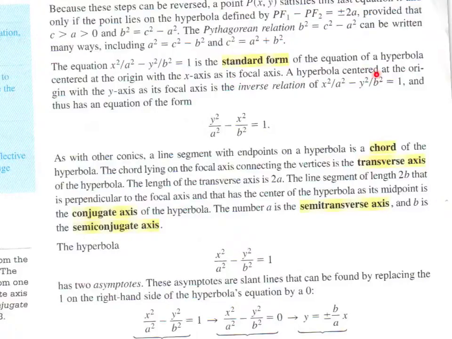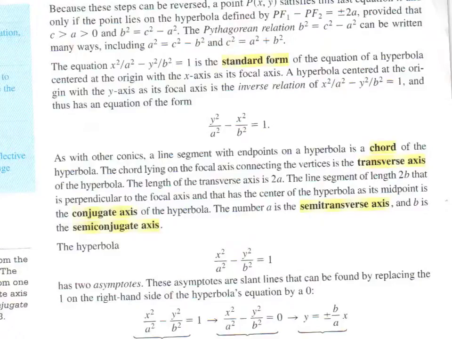But a hyperbola centered at the origin with the y-axis as its focal axis is the inverse relation of the one given, and therefore the equation is y squared over a squared minus x squared over b squared. So notice that here is y first because the focal axis was the y-axis, and over here the focal axis was the x-axis.